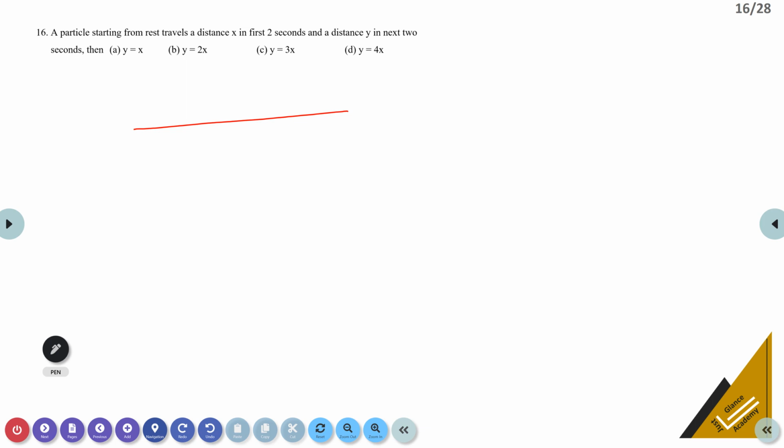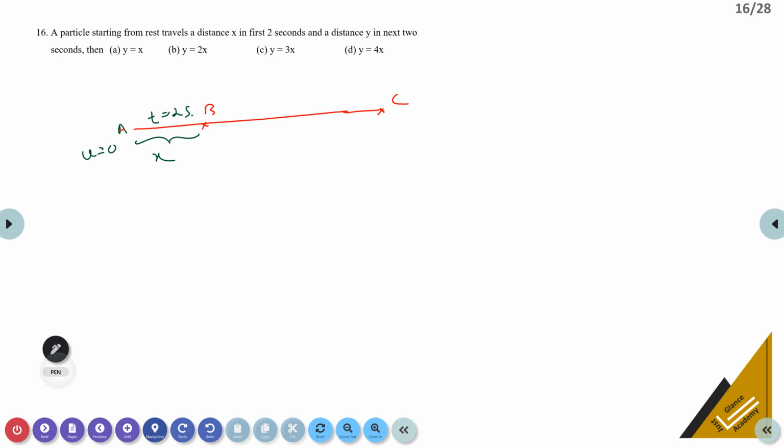From here to here, that is A. This is B, I am writing. This point is C. Okay, fine. A particle starting from rest, u equal to 0. This distance is x, and time is t equal to 2 seconds.